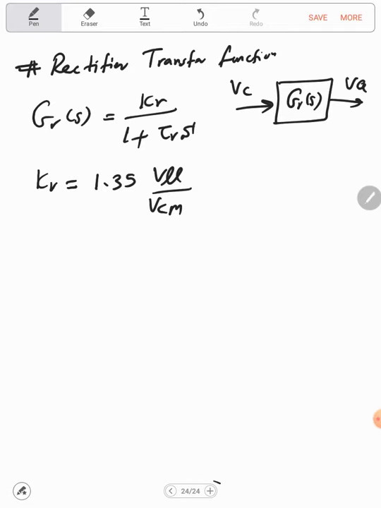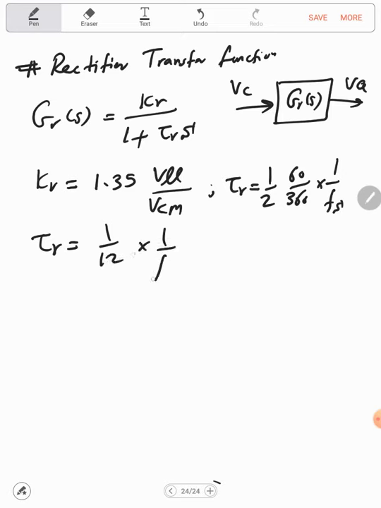Now tau R is equal to 1 over 2 times 60 over 360 multiplied by 1 over Fs, the supply frequency. So tau R will equal 1 over 12 multiplied by 1 over Fs. Now Fs is the supply frequency.